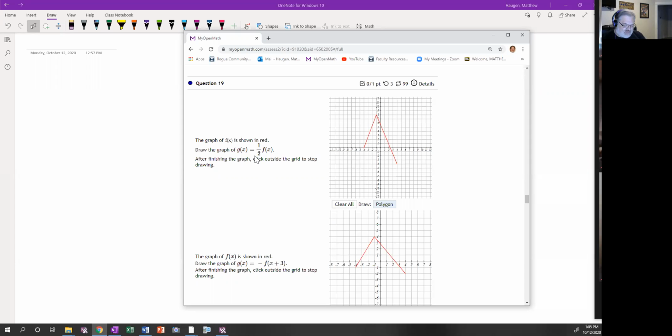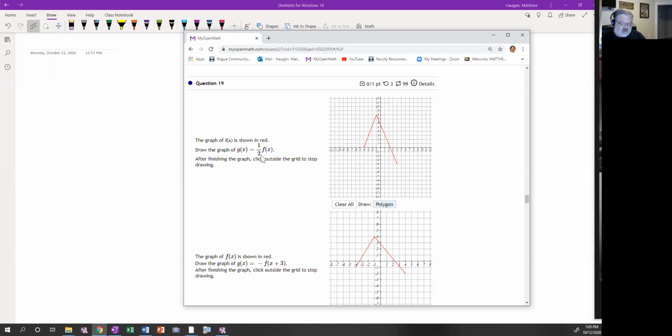This 1/2 is outside of that function. We're taking the function values, essentially the y values, and multiplying them by 1/2. As opposed to this +3, which is happening inside the function, before the function takes place, so it's happening to the x values.